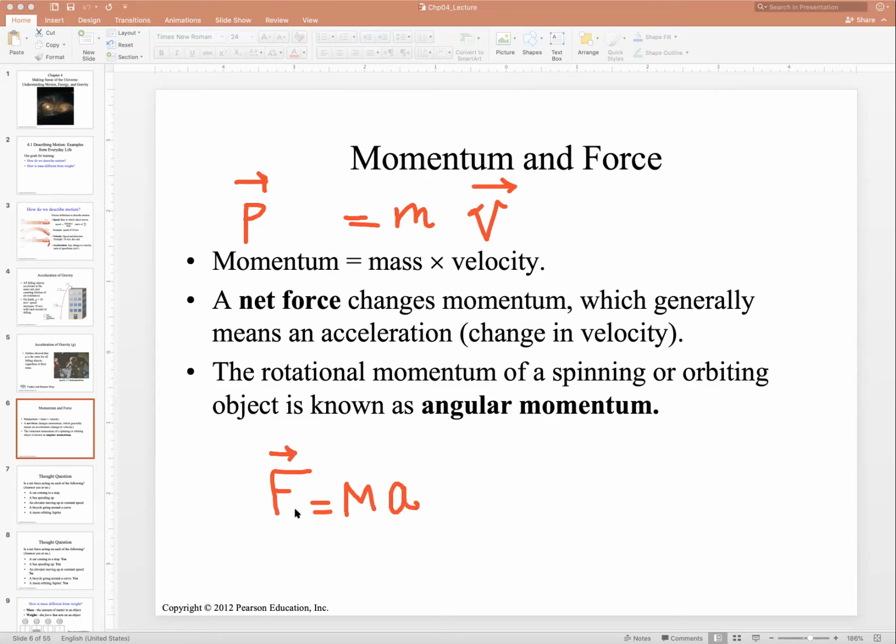If there is a net force, okay, that net force is acting on an object, and the object is moving. That net force equals the mass of the object times the acceleration of the object.